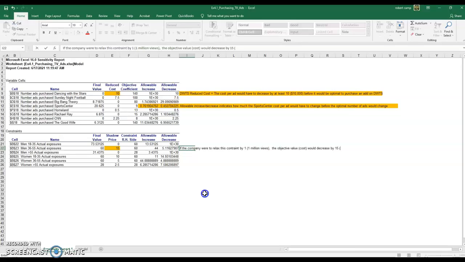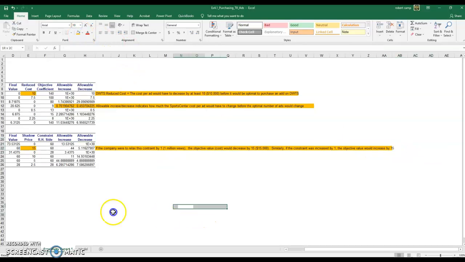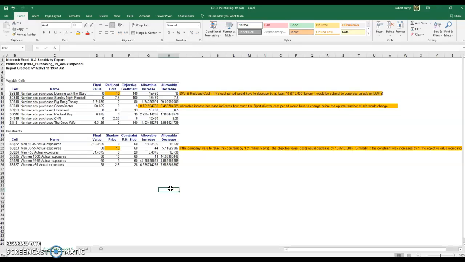And that 15 in this case is $15,000. Similarly, if the constraint was increased by 1, the objective value would increase by 15. Okay, so we've got that verbiage in there, taking a little bit of room, but that's fine. And that's what our shadow price does for us.